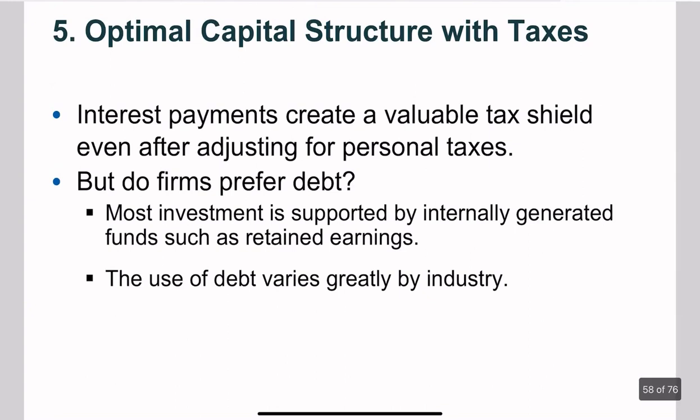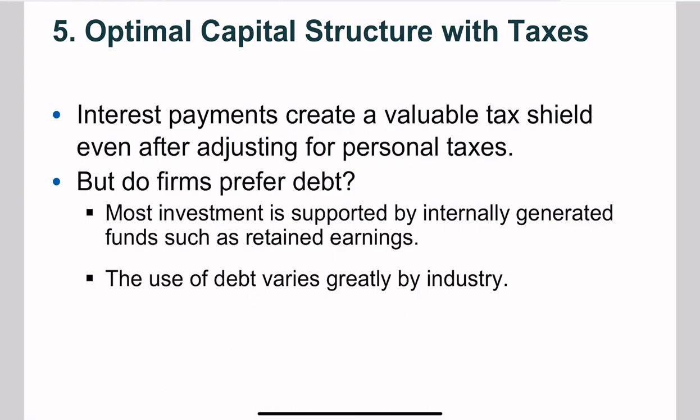Okay, now let's examine firm's optimal capital structure with taxes. So basically what we have learned is, even considering personal taxes, still firm will get some positive benefit from using debt. So this is just a theory. We want to understand whether this theory is consistent with our observations.